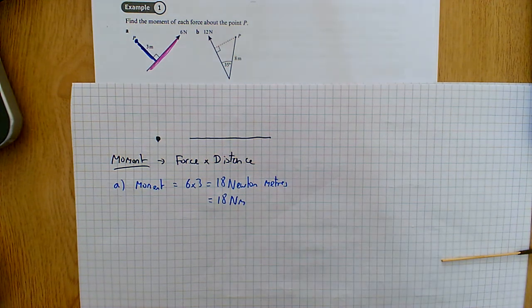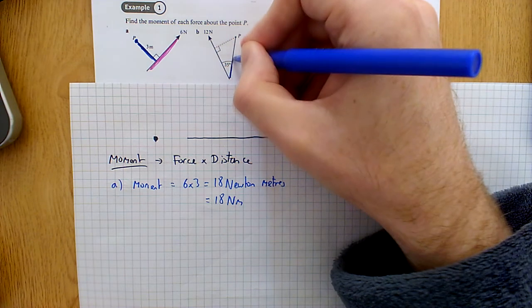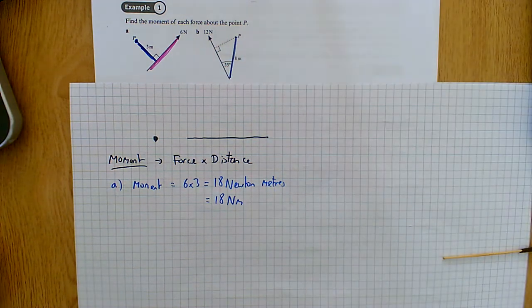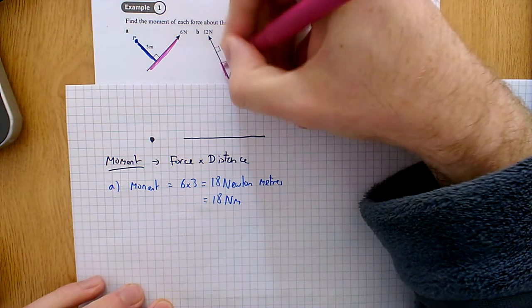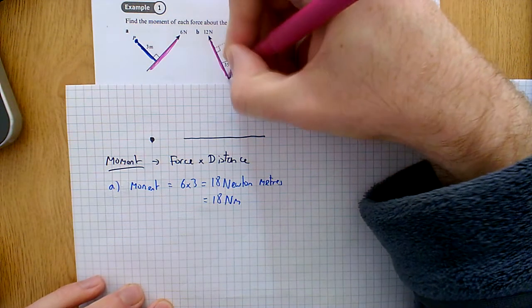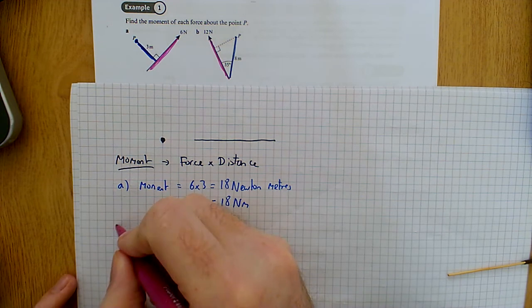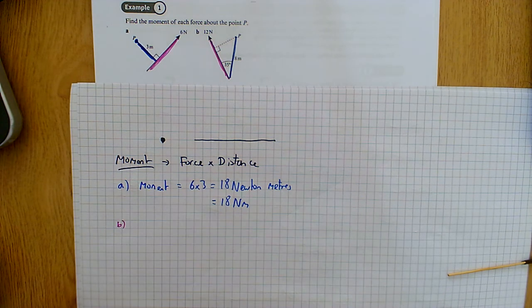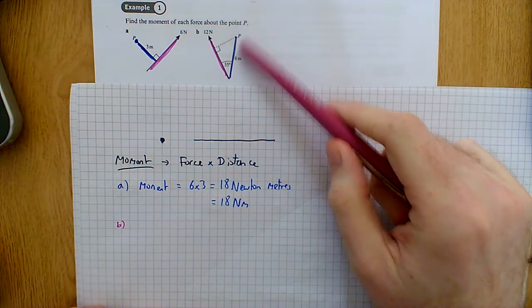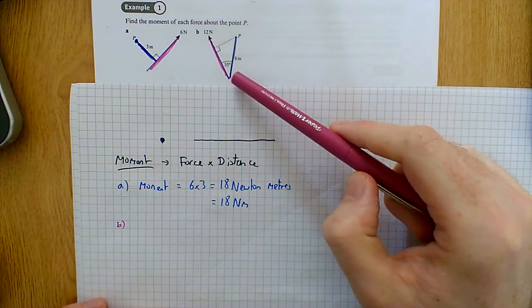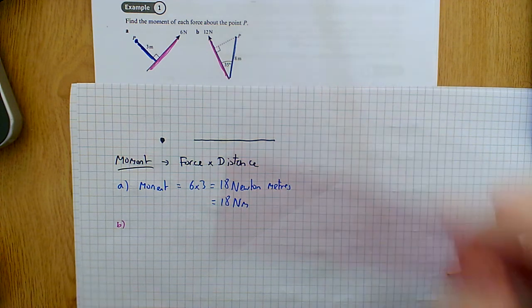For part B, similar setup, let me just colour it in so you can see the blue again. The blue is the object, and the pink is the force. Important not to get confused between the two. The confusion in part B is that we're not turning in a perpendicular direction. This angle is not 90 degrees.